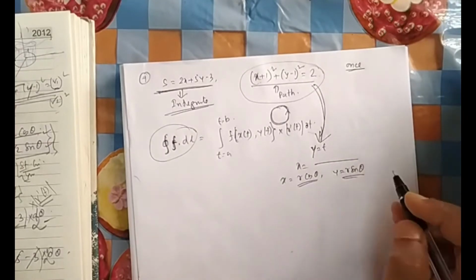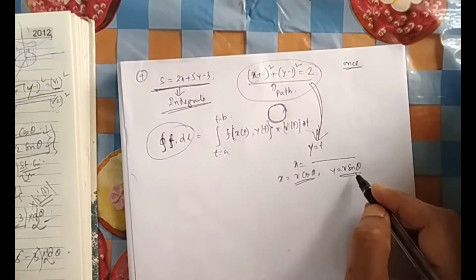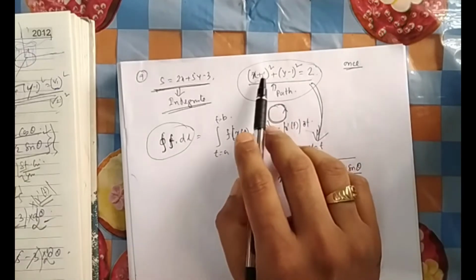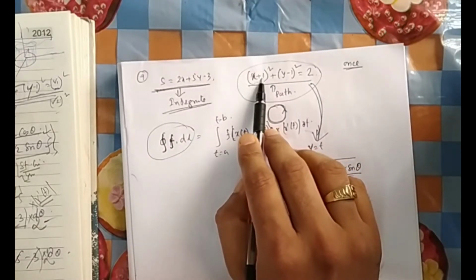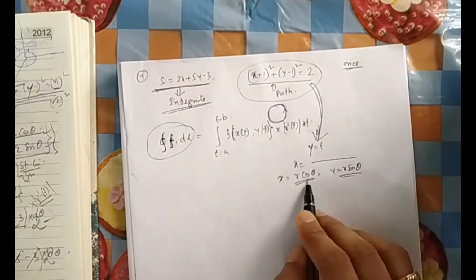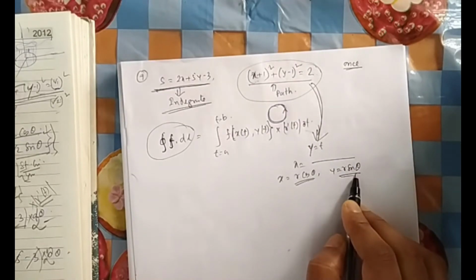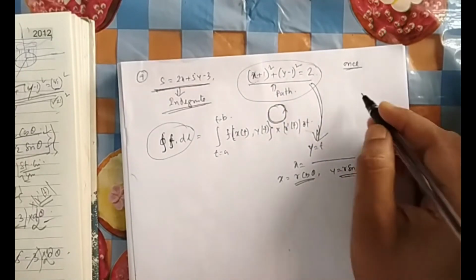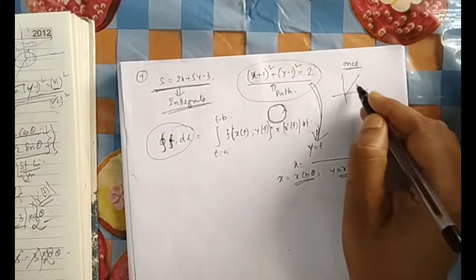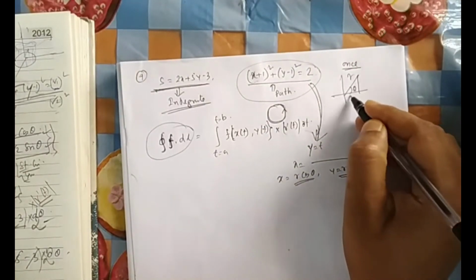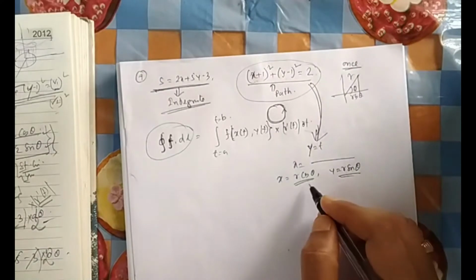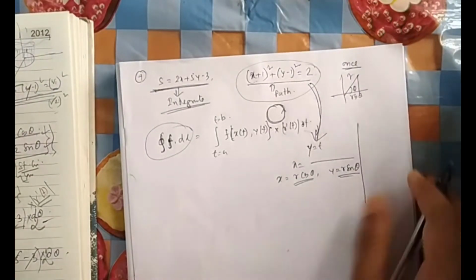This is nothing magical. You just remember this: x square plus y square, so it is cos square plus sin square, which is always 1. And x is r cos theta, because if this is your x and this is your theta, it becomes r cos theta. That's it.